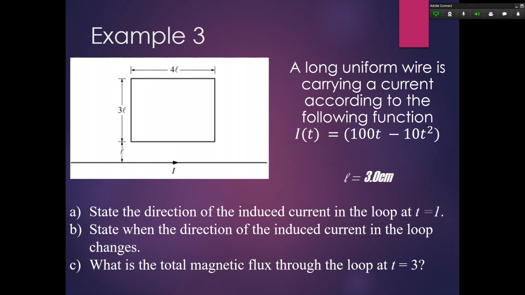And if I know B, I can plug that in here. So let's try to do that real quick. We're going to do phi is equal to the surface integral of mu naught times I over 2 pi r times dA.